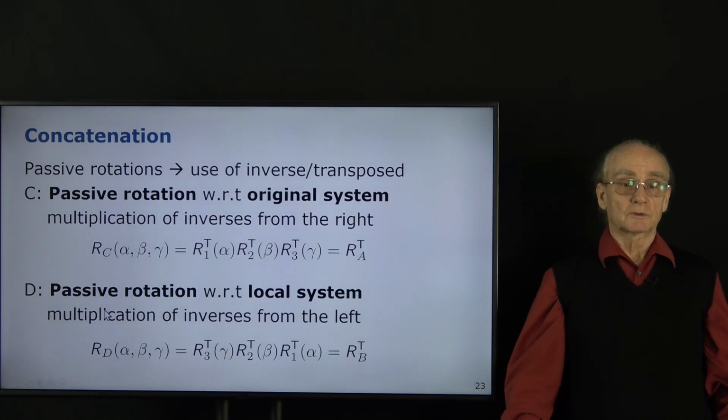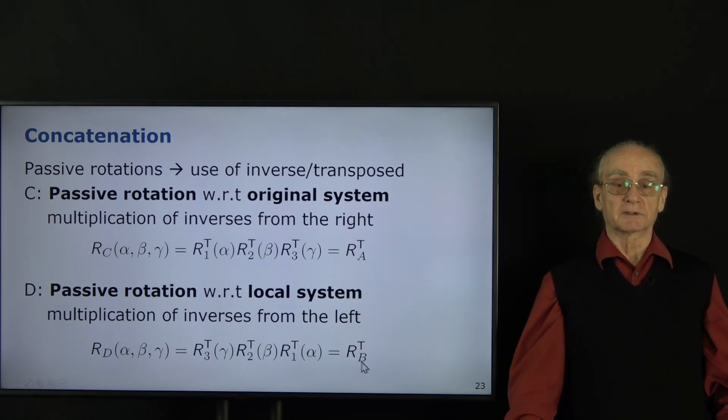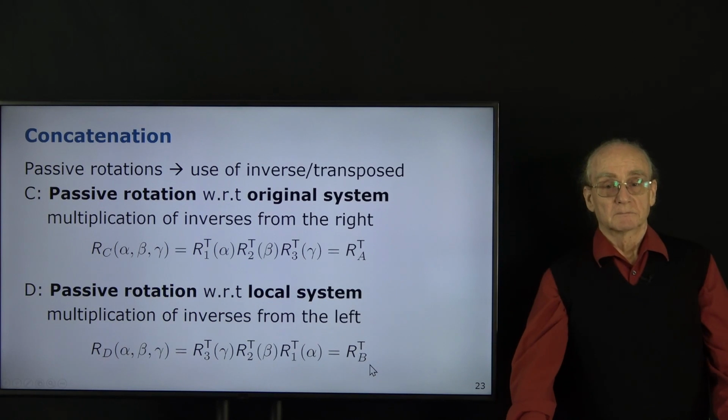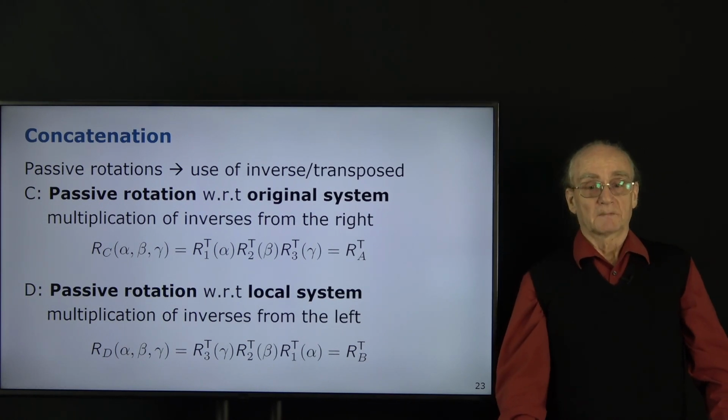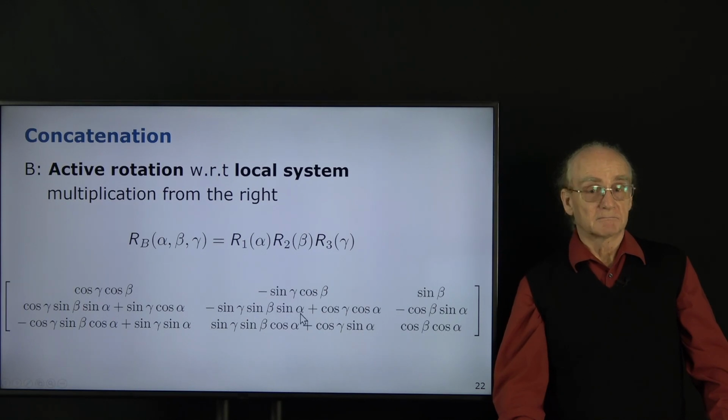The same is of course valid if you have a passive rotation of a coordinate system and describe the consecutive rotations in the corresponding local systems. Then we have to take the transpose of the rotation matrix B. Okay, this is easy to remember in contrast to these algebraic expressions here.